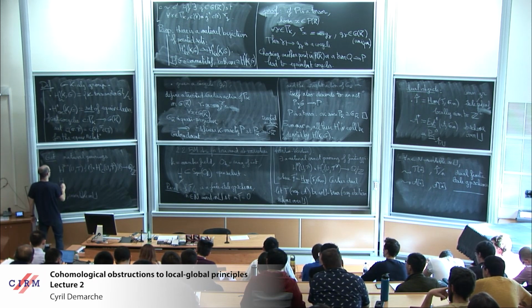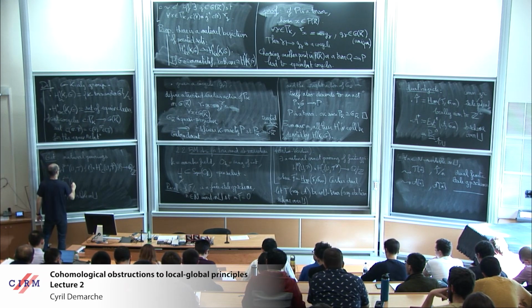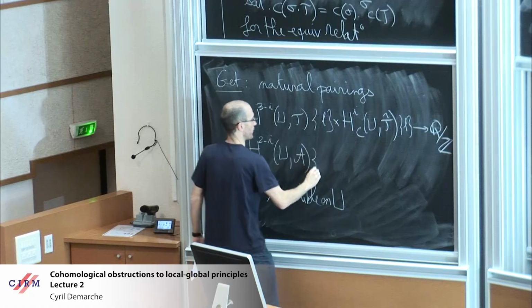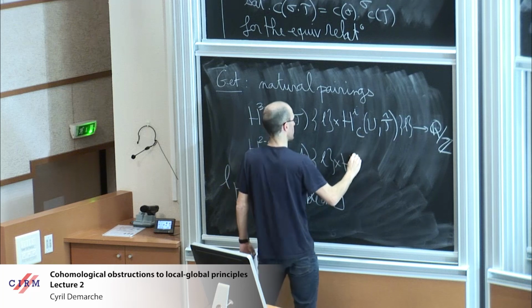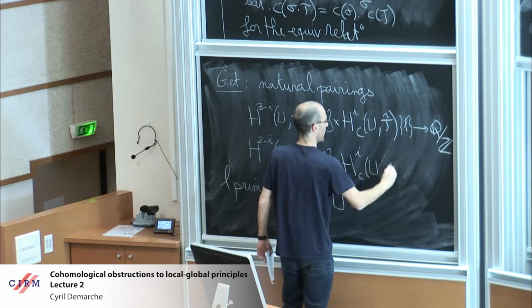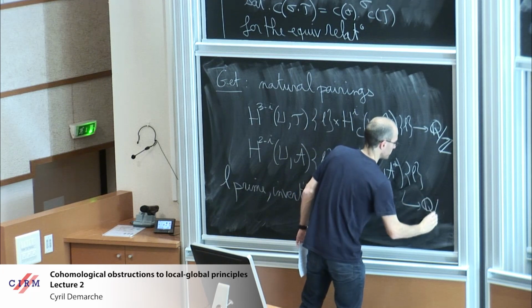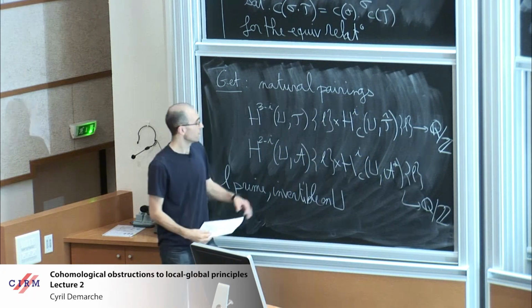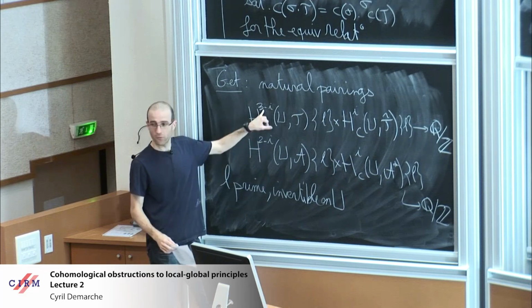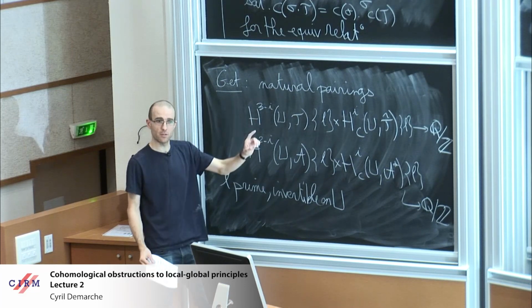So you get the same thing for A, except that you have H^i_c(U, Â) ⊗ Q_l/Z_l. Here I put 2, here I put 3 because of this shift I mentioned before.